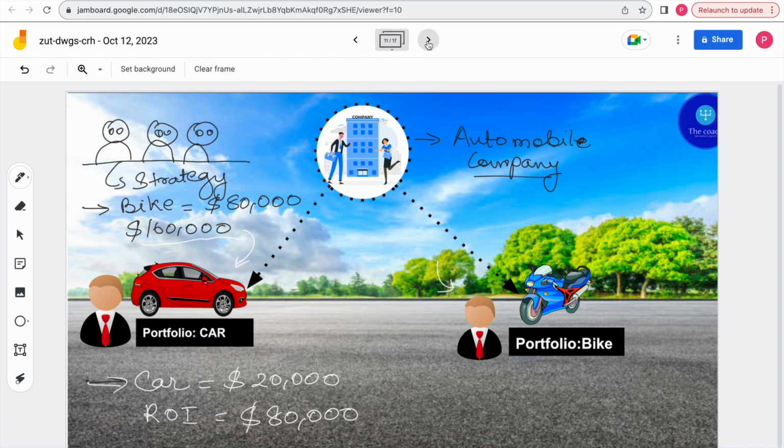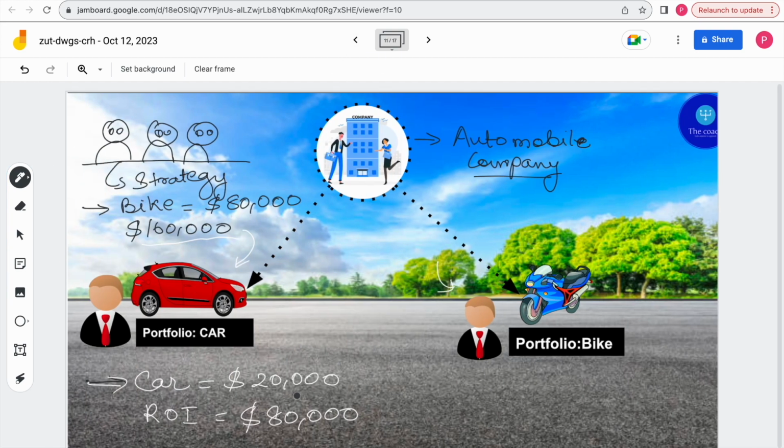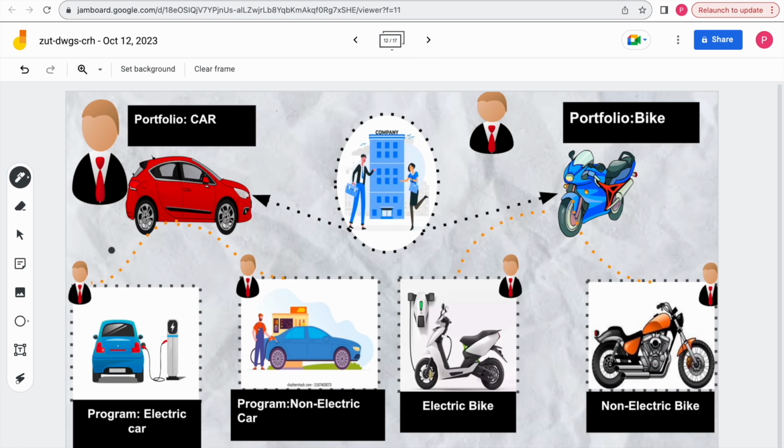Business goal and planned ROI. Now the portfolios have been decided, so you know that the investment in the car portfolio is $20,000. He might decide that under this portfolio you have two programs, electric car and non-electric car. So let's say on electric car he invests $5,000, and in non-electric car he is going to invest $15,000.